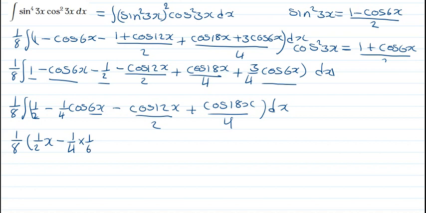So after doing this, we can integrate the sine, we get sine 6x. Having done that, we can integrate the next part, so get 1 over 2. The differentiation of the angle, we get 12, so we'll multiply this by 1 over 12. Then after that, we integrate, we get sine 12x.